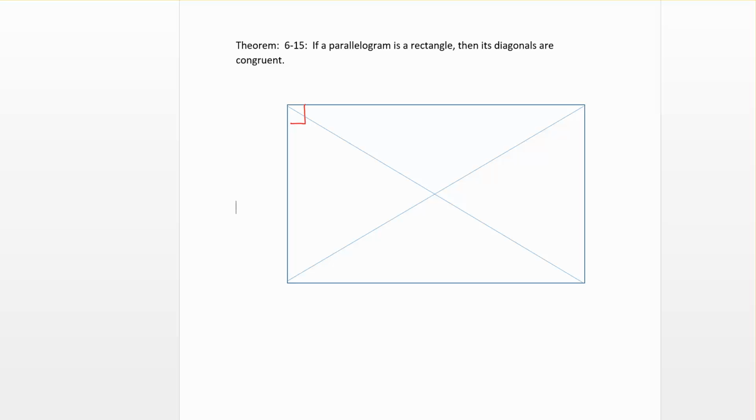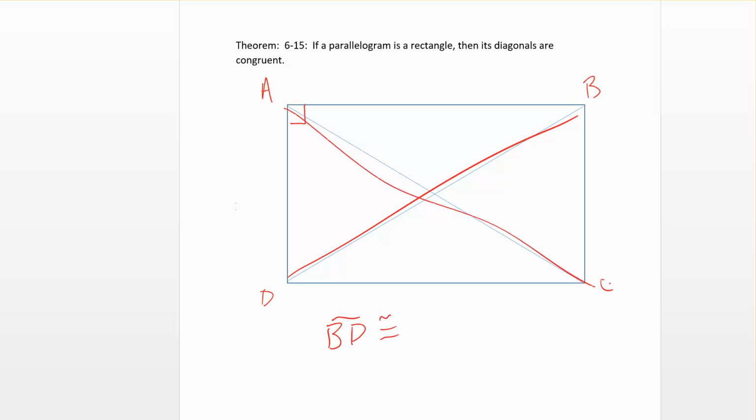So what the theorem says is that if this was rectangle ABCD, then the length of BD, so this diagonal, will be the exact same length, or they'll be congruent to the other diagonal, AC. So the diagonals of a rectangle are congruent.